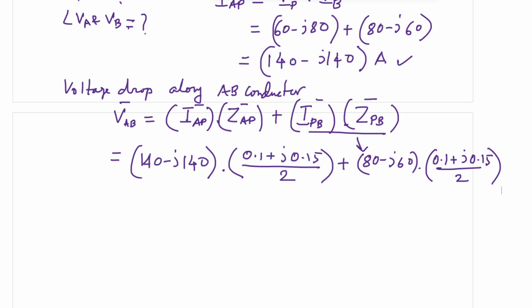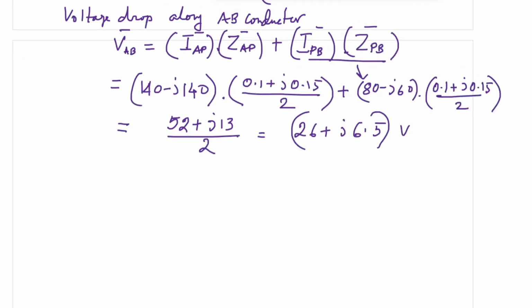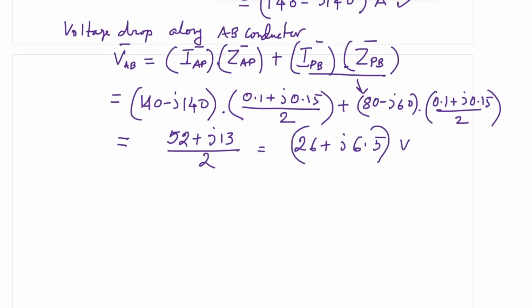So now if you solve this, altogether you will have this one as 52 plus J13 divided by 2, which is equal to 26 plus J6.5 volt. That is the drop along the length of the AB conductor.